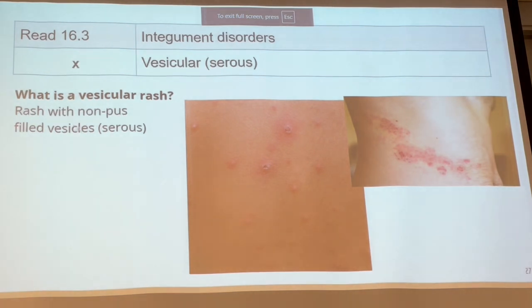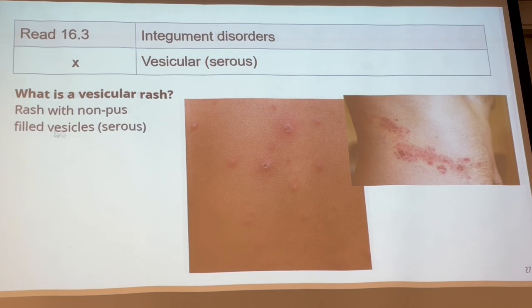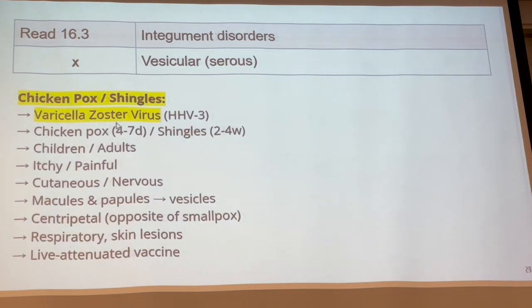Non-pus filled vesicles. They're filled, but it's not pus, they're not neutrophils, it's just fluid. A vesicular rash is varicella zoster, that was highlighted on here. So that was number 1.